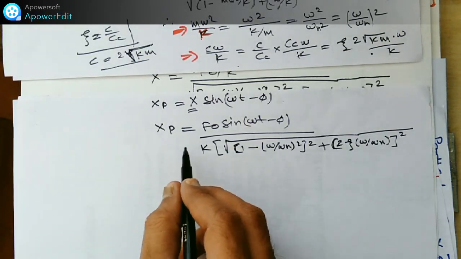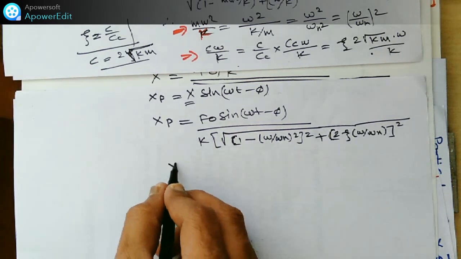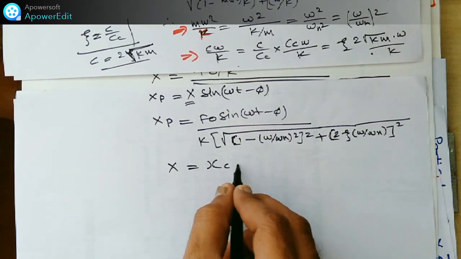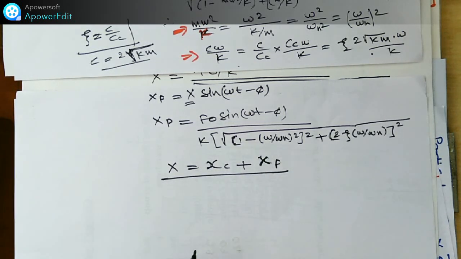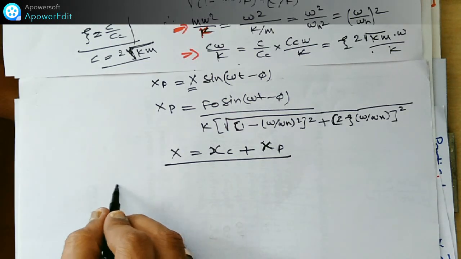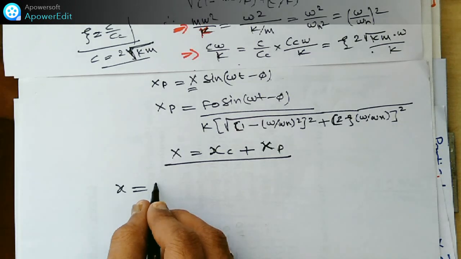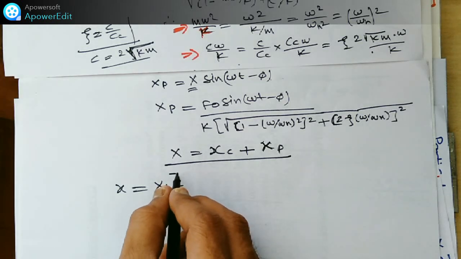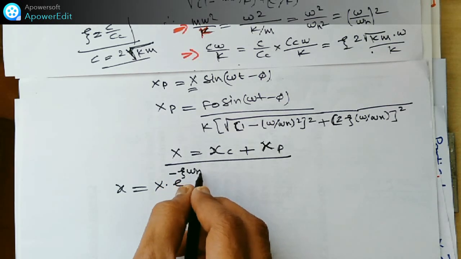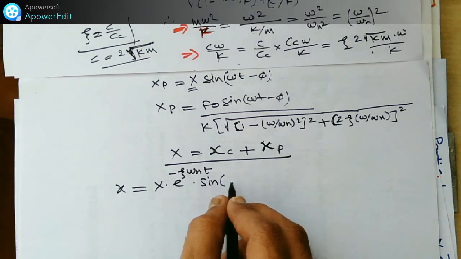But we know that the complete solution x is equal to xc plus xp. Already we wrote that equation. This x is equal to, for xc, from the previous video, capital X into e raised to minus zeta omega n t into the sine of omega d t plus phi.